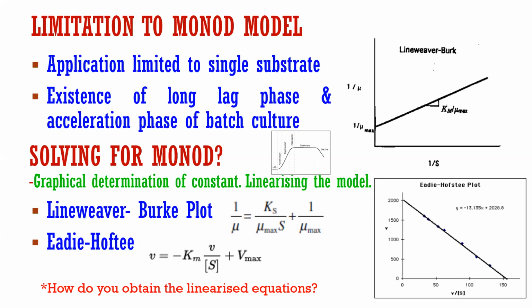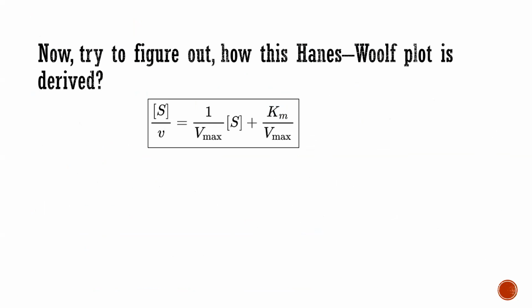The graphical model is for you to draw a curve, let's say a linear curve, with the model y equal to mx plus c, and from that you can determine the values of the constants based on the slope and the y-intercept, right? So it's the same for Monod. There is also a graphical model, and there are several types, all right?